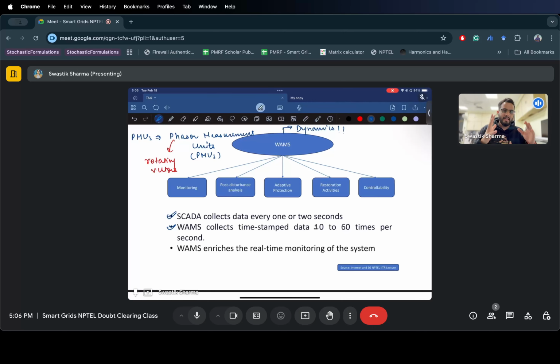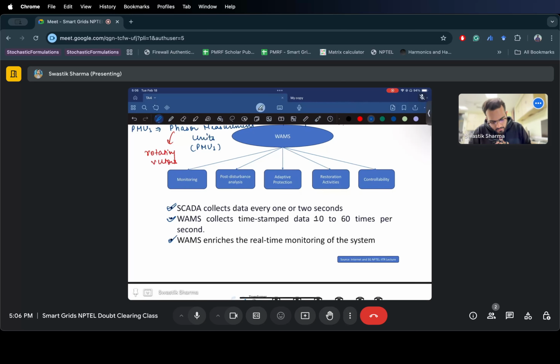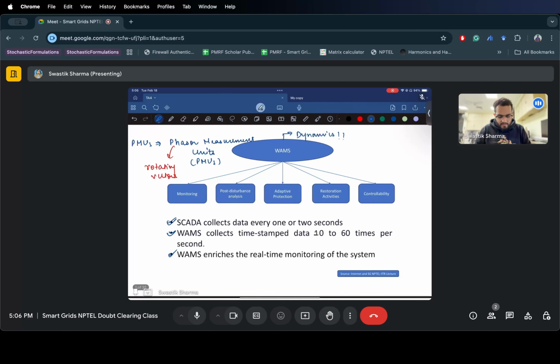That is why it's called a wide area monitoring system, right? We can monitor a very wide area using this setup, right? And this is what we call essentially real-time monitoring of the system. So in real time, we can monitor the state of the system at any given point of time. When we say monitoring, we say that we can monitor the real-time updates in the system as and when the data is made available to us.